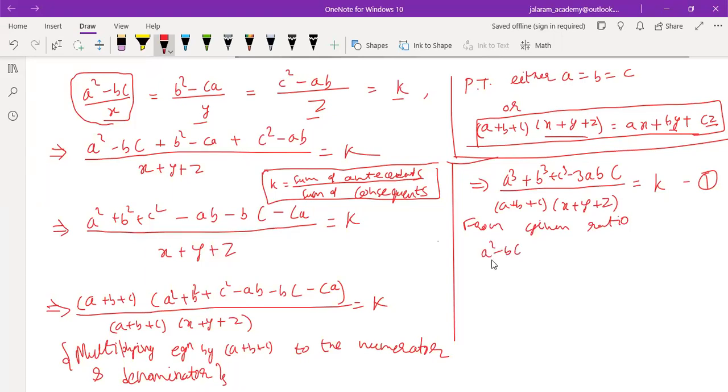(a² − bc)/x = (b² − ca)/y = (c² − ab)/z = k.